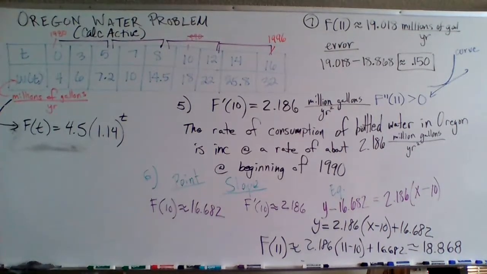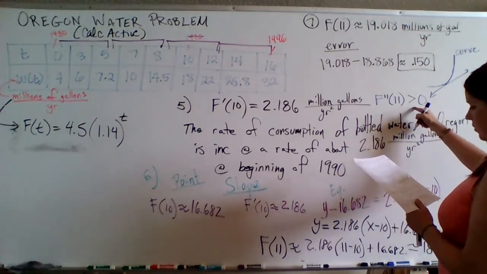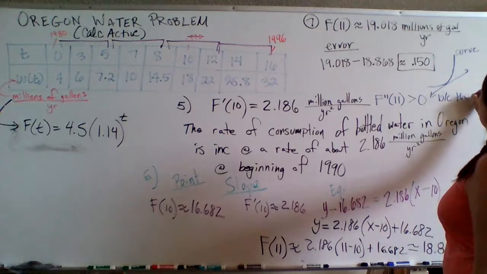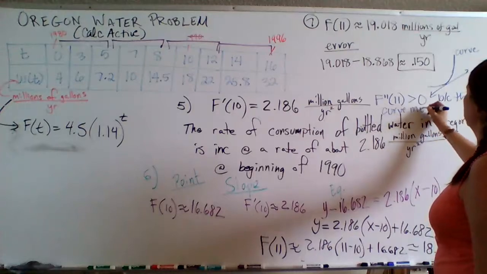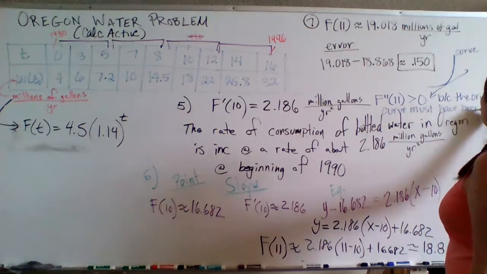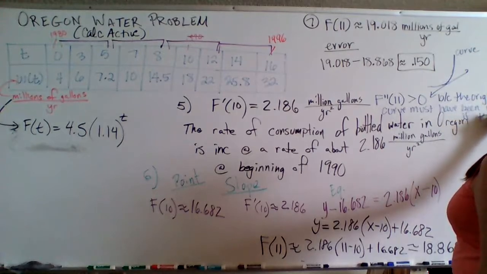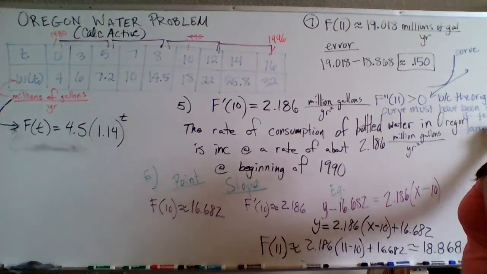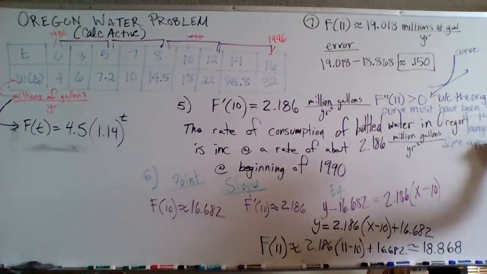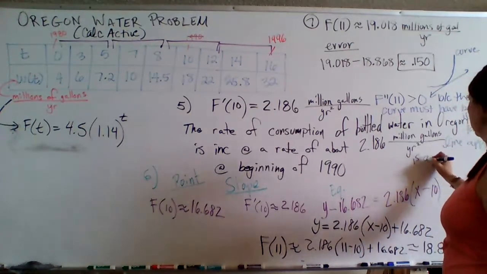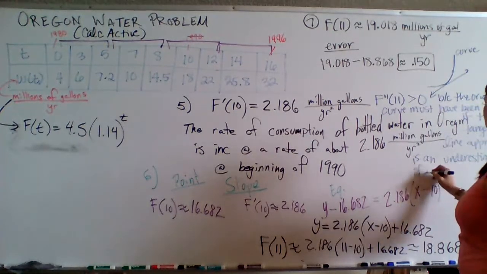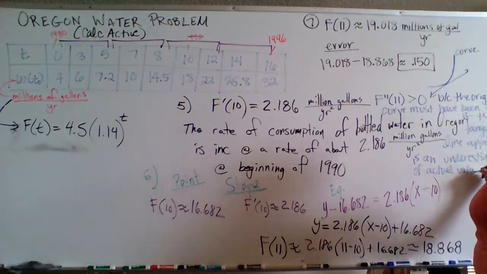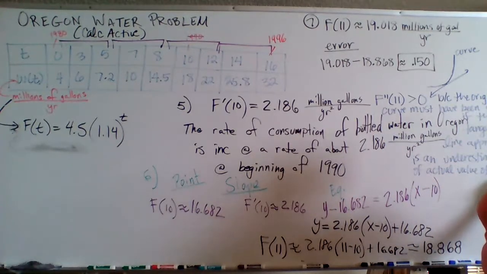In my conclusion, what I wrote down is that f double prime of 11 is greater than 0 because the original curve must have been concave up if the tangent line approximation is an underestimate of the actual value of f of 11.